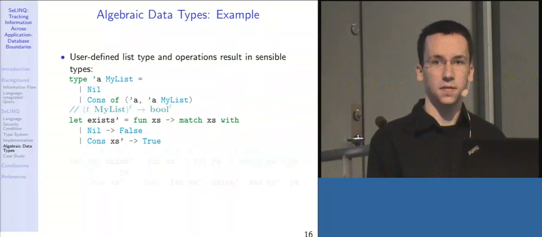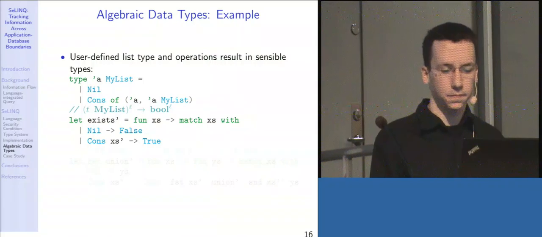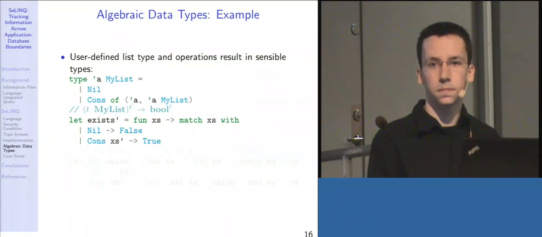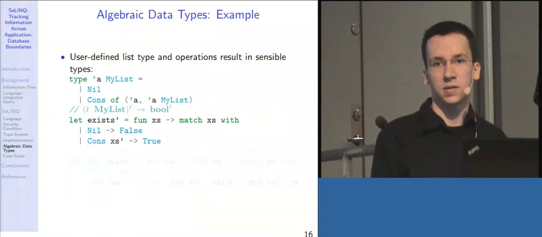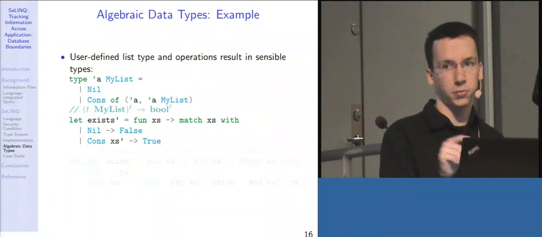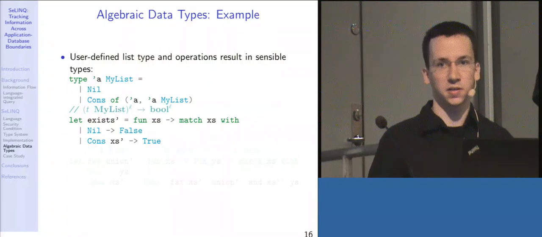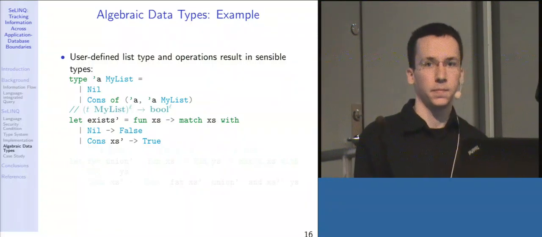Yes, that's right. But could you write a function which would depend on the elements of the list? Yes, you can, and then the level of the element will be joined with the level of the structure of the list in the resulting type.